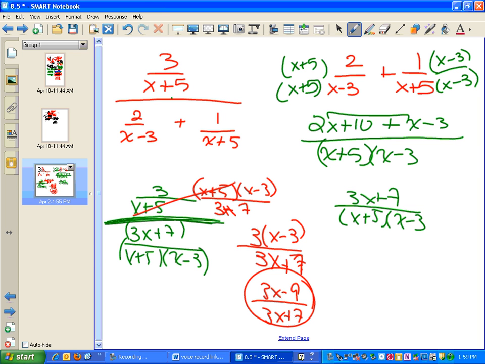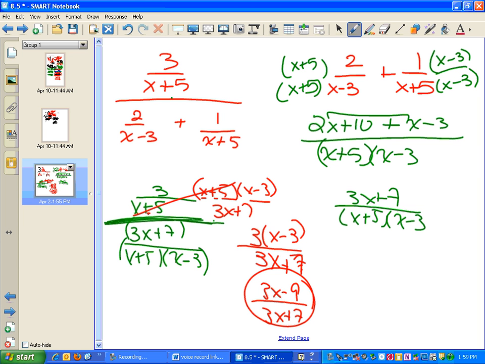Nothing canceled. The x plus 5's canceled. Why? Because it's 3 over x plus 5, x minus 3, and x plus 5, and 3x plus 7. Does that make sense, Abby? As long as we're multiplying, we can cancel. I took this denominator.